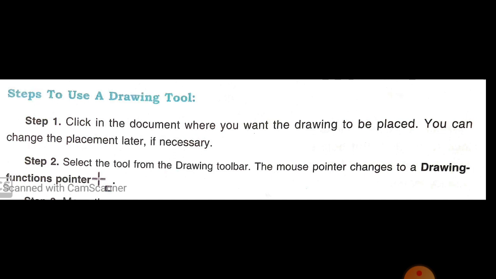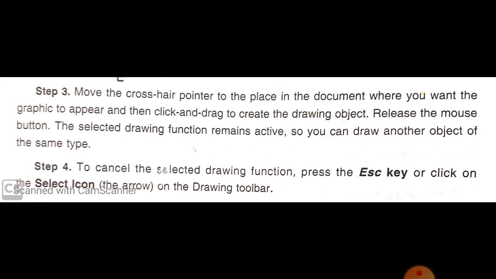Now step 3, move the crosshair pointer to the place in the document where you want the graphic to appear, and then click and drag to create the drawing object. Release the mouse button.